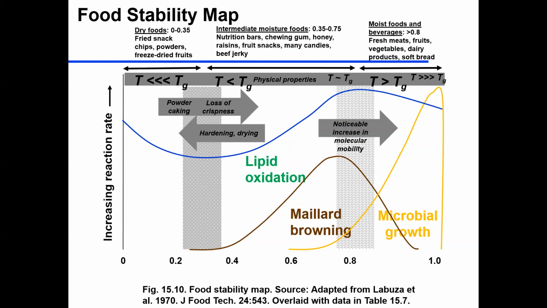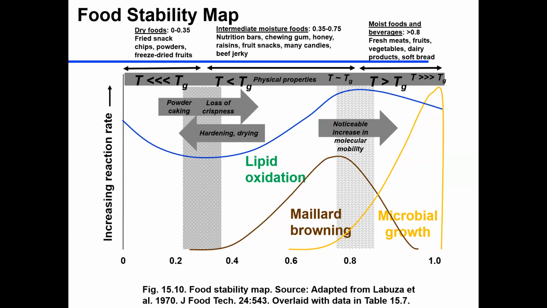And so the food will have a different water activity depending on how much water is there and how free that water is to be evaporated, to be occupying headspace of the product. Dry foods, fried snack chips, powders, freeze-dried foods, tend to have very low water activity, around 0 to 0.35.